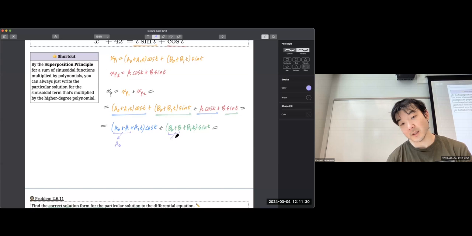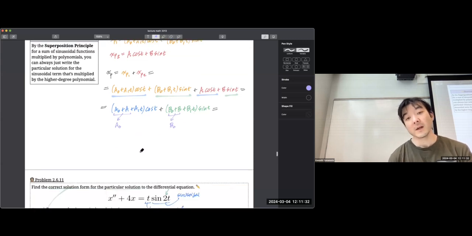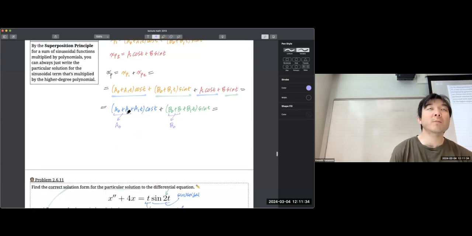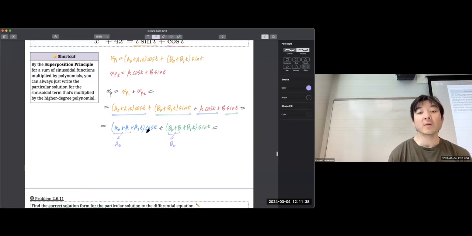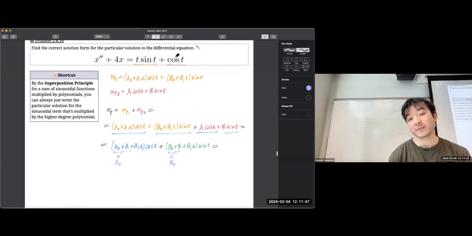And similarly, this is my new B naught. In the process of plugging it in, you'll have cosine terms on the left with A naught plus A times cosine of t, a constant multiplied by cosine, and a constant multiplied by sine, with A naught plus A and B naught plus B. And those have to exactly match all your constant terms on the right.